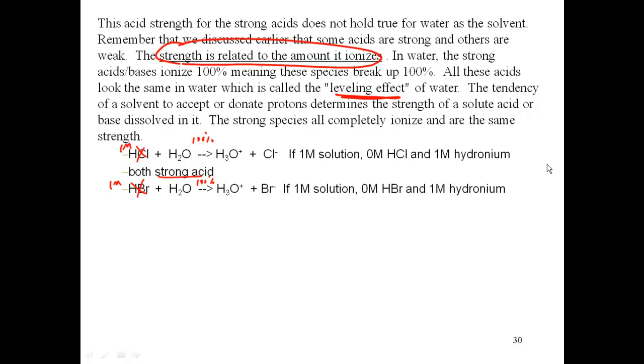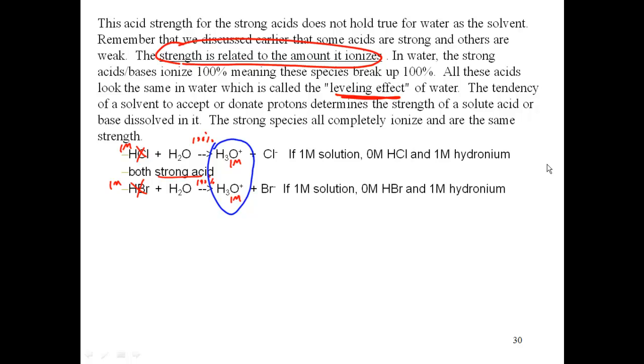But if I started off with a formal concentration of 1 mole HCl, then how much hydronium do I have? Well, it's a 1-to-1. Therefore, I got 1 molarity of hydronium. HBr, same thing, formal concentration of 1 molar. Well, it's a 1-to-1, so I got 1 molar of hydronium again. What do you notice about the species in both cases? Well, I have exactly the same strength of hydronium, 1 molar and 1 molar. They look exactly alike.